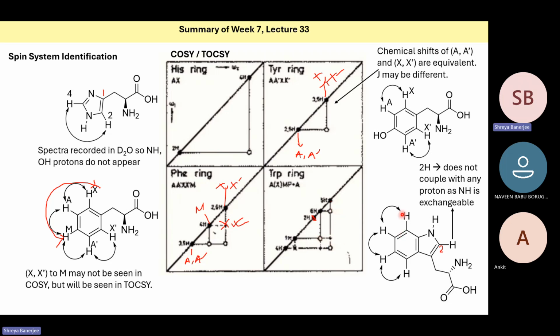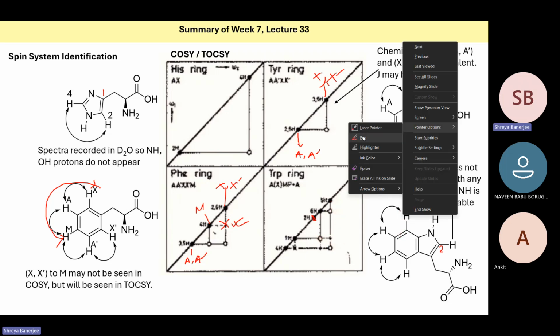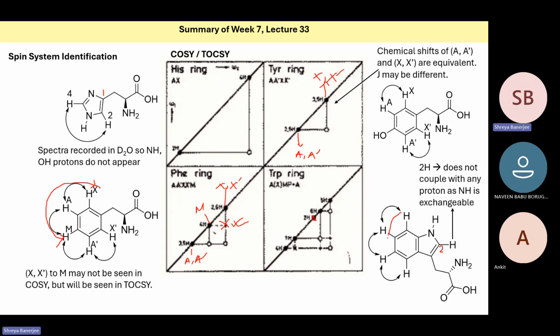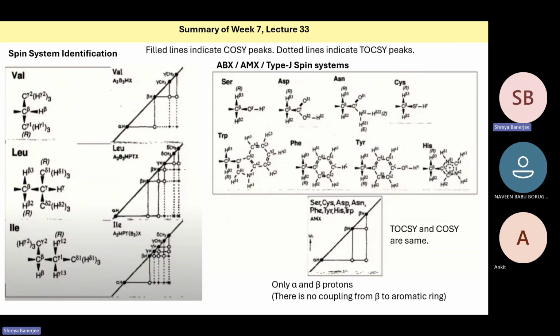And if you are looking at TOCSY, then TOCSY will have other extended peaks. So between this and this, TOCSY will be there, and between this and this. TOCSY will have other peaks, which are shown here. So tryptophan is the most complex spectrum of all the aromatic amino acids.